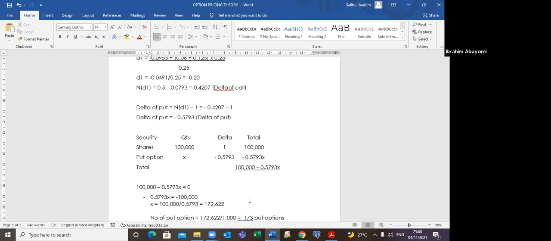The option is likely to be successful because the number of put options can successfully hedge the 100,000 units of shares.